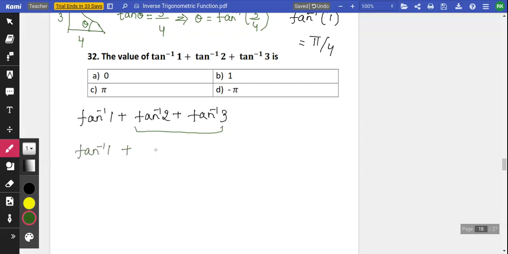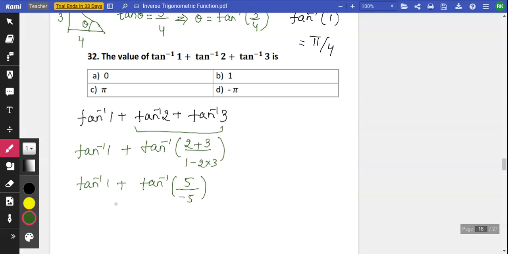We get tan inverse 2 plus 3 upon 1 minus 2 multiplied by 3, plus tan inverse 1. 2 plus 3 is 5 and 1 minus 6 is minus 5. The 5s are cancelled out. It becomes tan inverse minus 1.